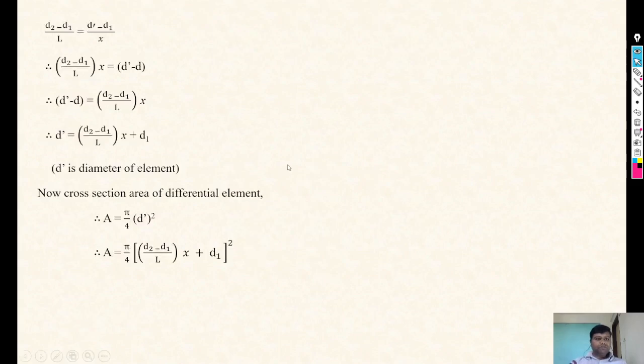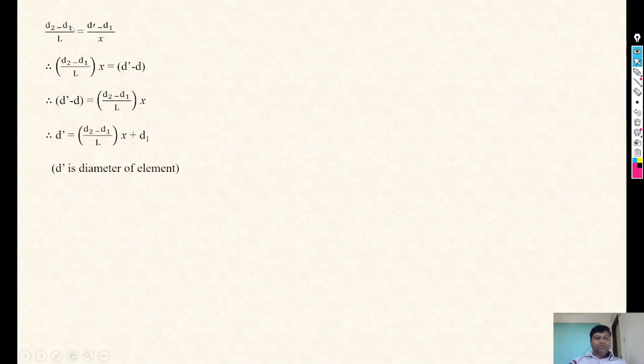Okay, so see first. d2 minus d1 by L is equal to d dash minus d1 by x. So just take this x on the left side. So this will be d2 minus d1 by L into x, and the remaining term is d dash minus d1.